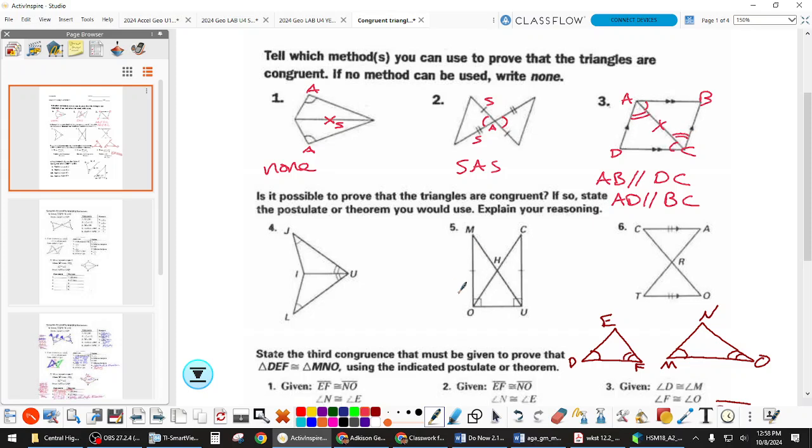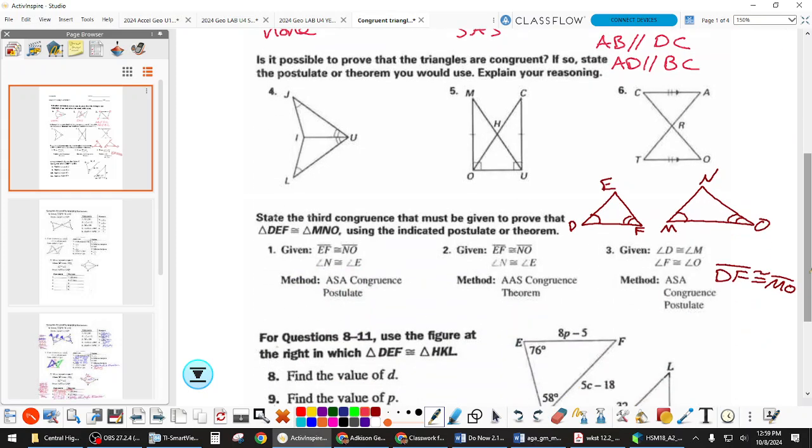There we go. What is the reason for those two being congruent? A, what's this? S, A. Everybody see angle, side, angle? Huh? I got it. Okay.